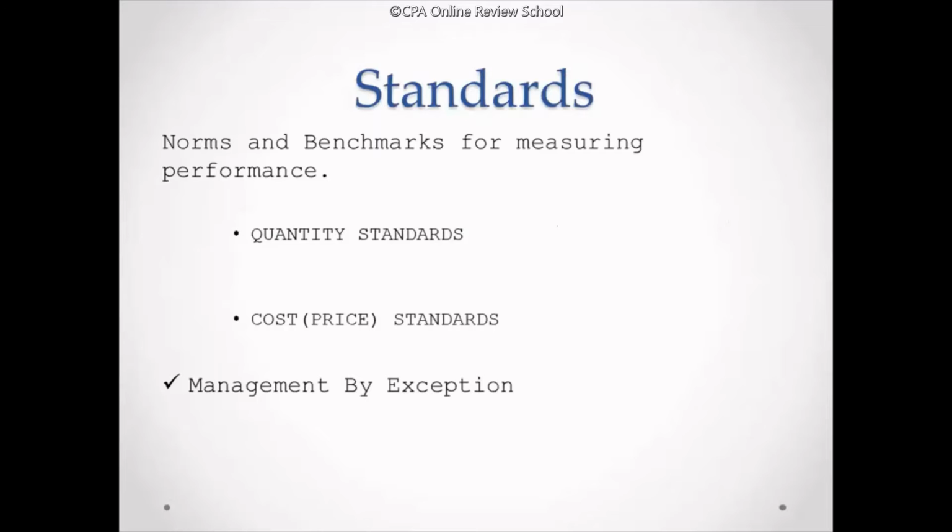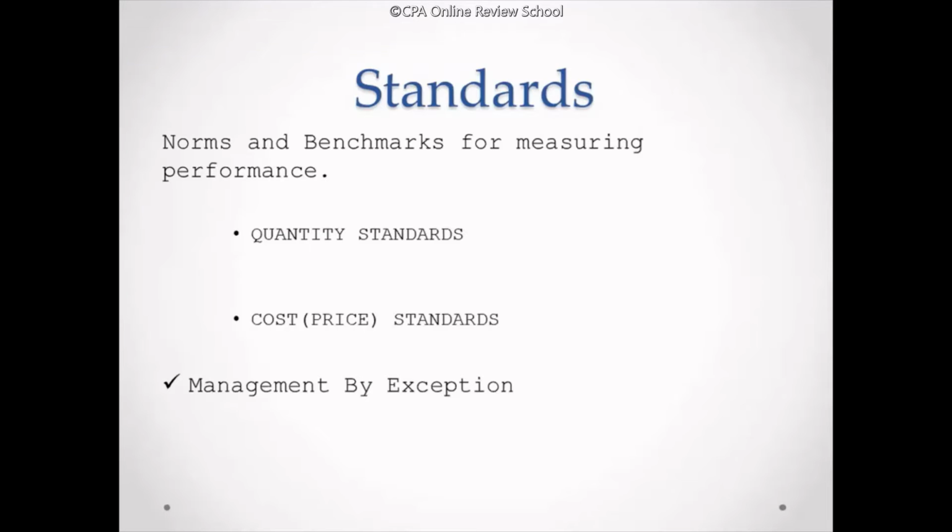So, under your standard costing, hindi ka lang nagme-measure ng dapat mong nagastos versus sa actual mong na-incur na cost. You also measure the performance and efficiency of your different departments sa isang company. Let's say si production, si purchasing, si labor force. Titignan mo yung performance ng bawat division mo.